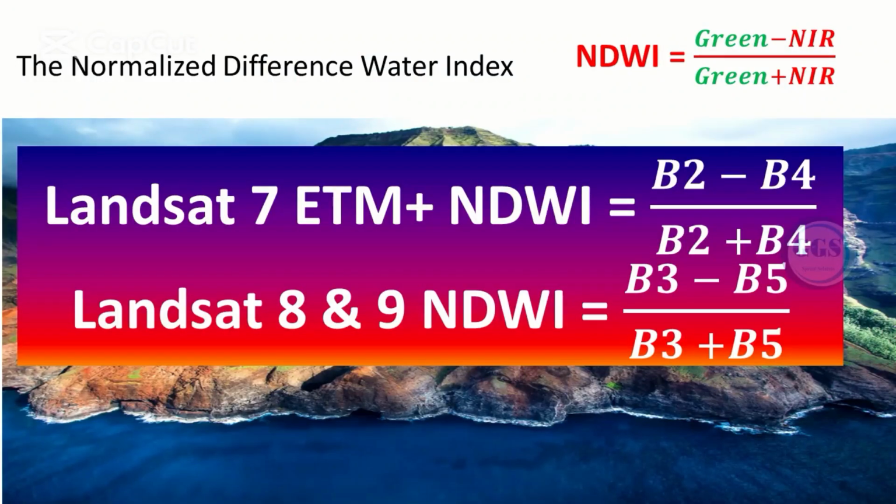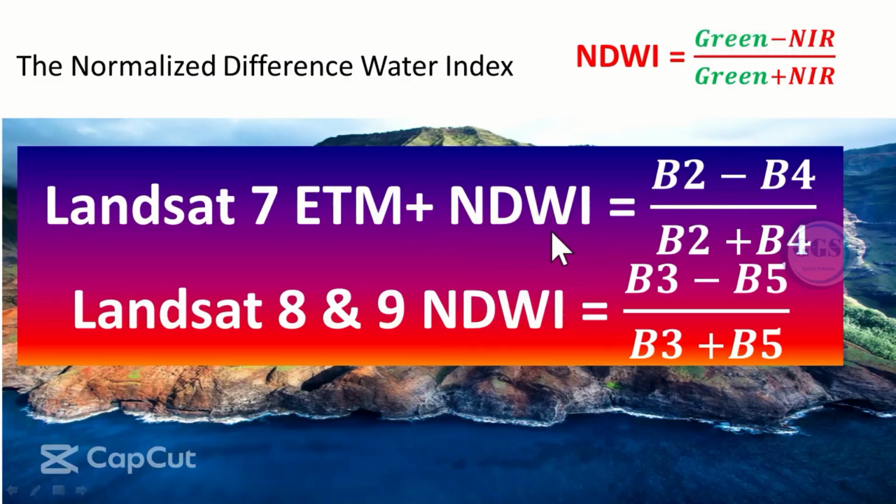In the previous video, I've explained and I've established it to you. I said that the NDWI is calculated from satellite image as green minus near infrared over green plus near infrared. So in this exercise, we are going to use Landsat 7 and Landsat 8, and this is the formula we are going to use to calculate NDWI.